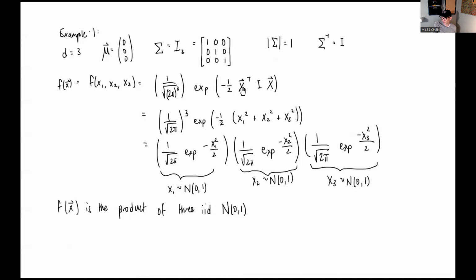And here I have e to the negative 1/2 x transpose I x, okay? And so that can just be factored into x1 squared plus x2 squared plus x3 squared. And that can then be factored into the product of 3 standard normal distributions, okay? So that's simple enough.